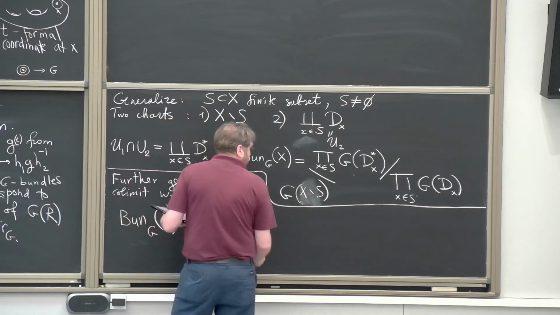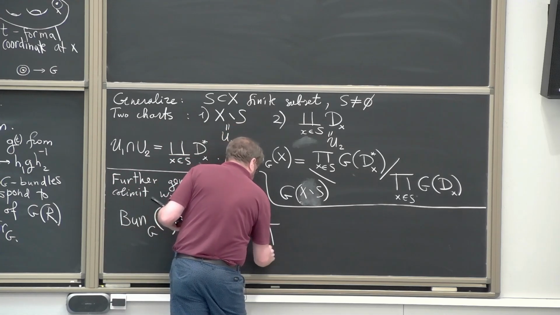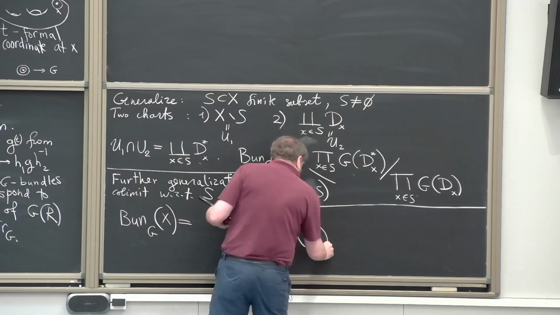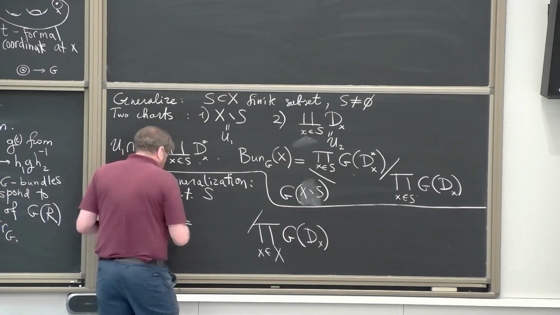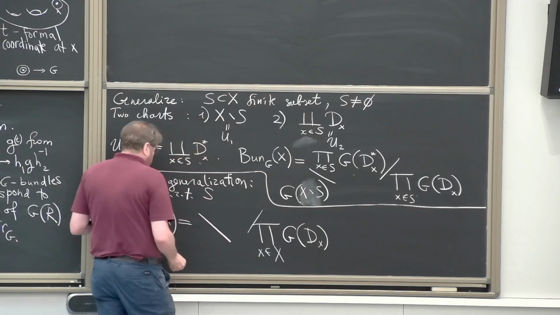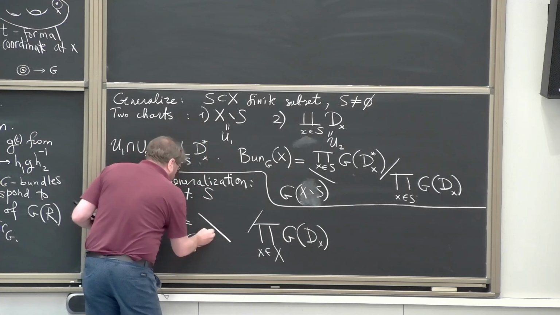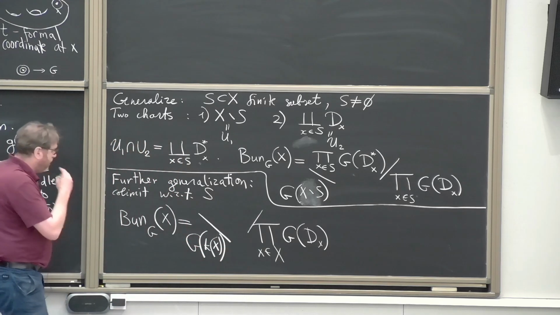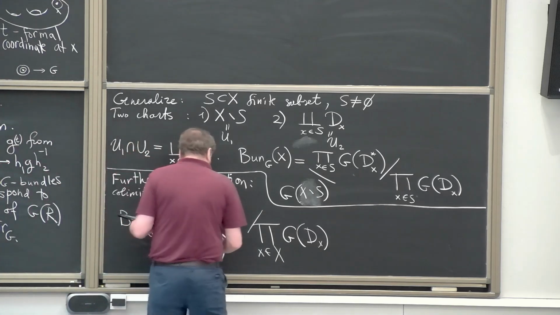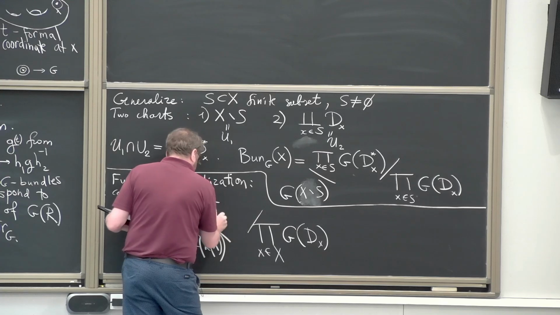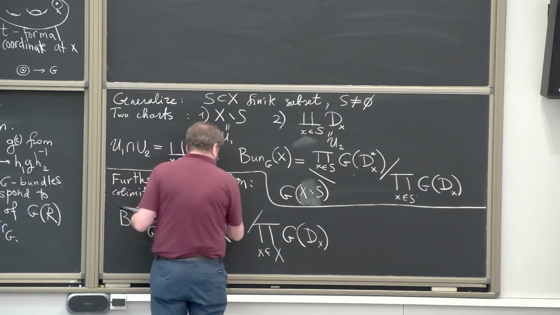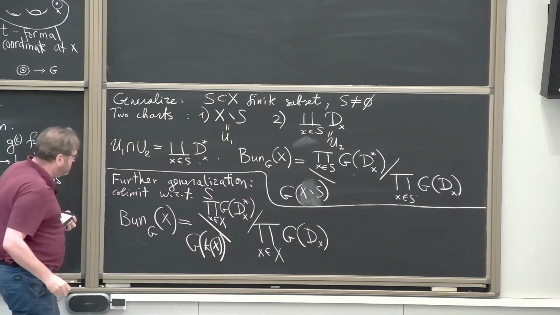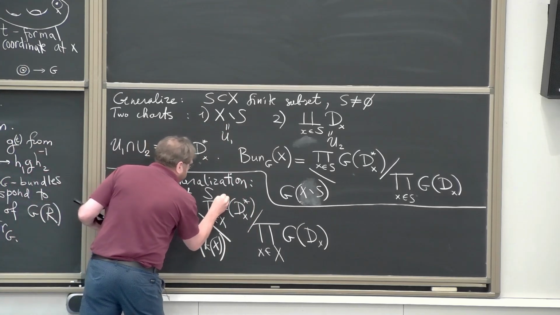Here is going to be a product over all points of your curve of G of D_x. Here will be G of the field of functions. And here there is going to be a product over x in X of G of D_x star. But here there will be a little technical detail, which is a prime over this product.